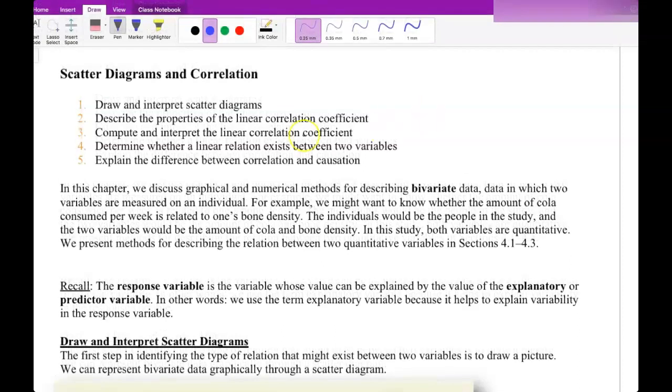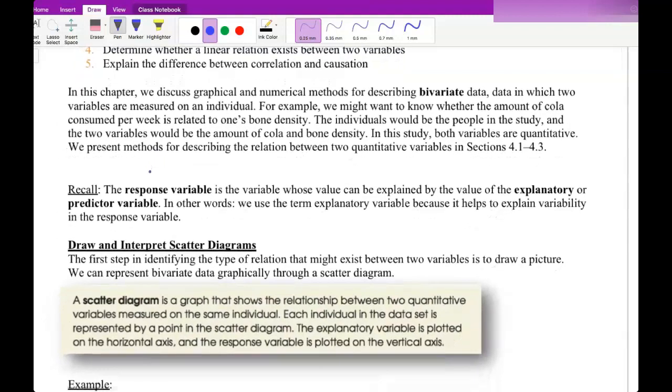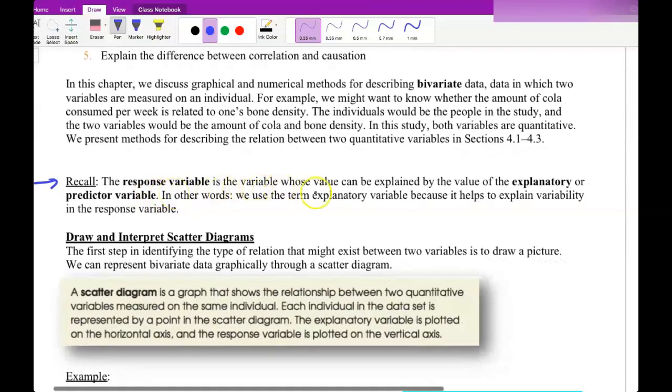Hello everyone, in this part we have scatter diagrams and correlation. We had this part before, recall. The response variable is a variable whose value can be explained by the value of the explanatory variable.